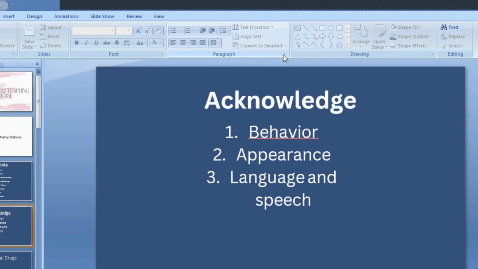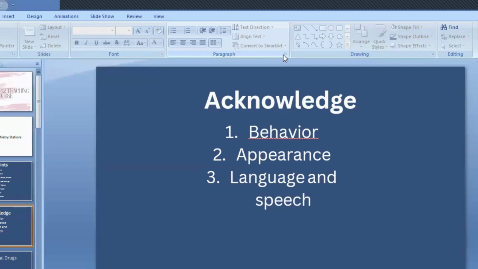Then comes language and speech. Again, language and speech is for you to notice, and it can give you some idea about the psychiatric illness the patient is suffering from. If the speech is of low tone, that would be seen in depression, as opposed to pressured speech, which would be seen in mania.